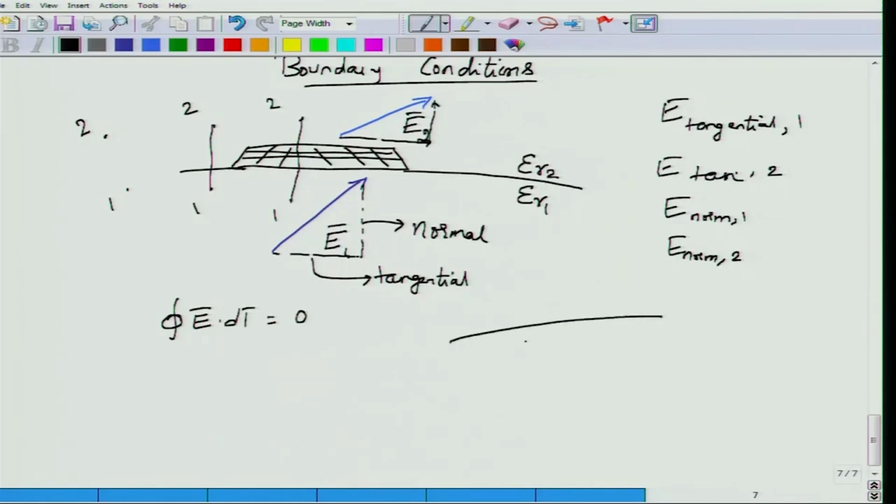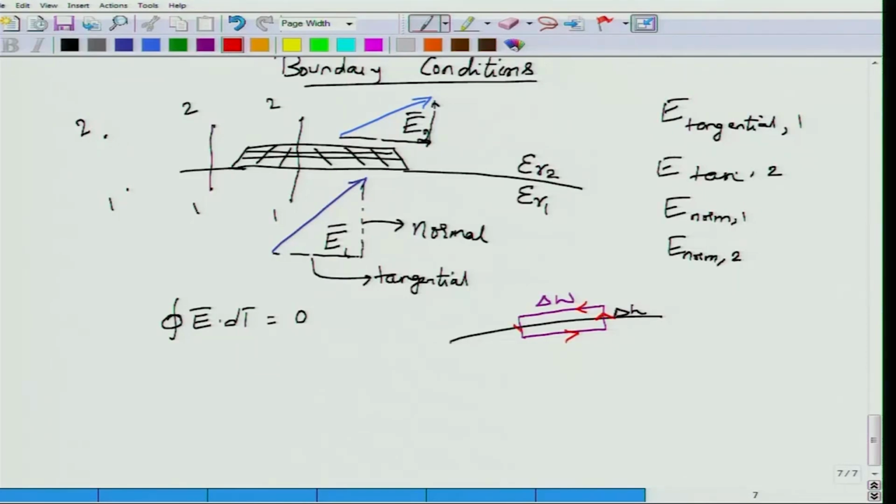To do that, let us imagine the line to be that of width some delta w and a height delta h, the path that I am considering over here, and let me locate the path to be in this direction.